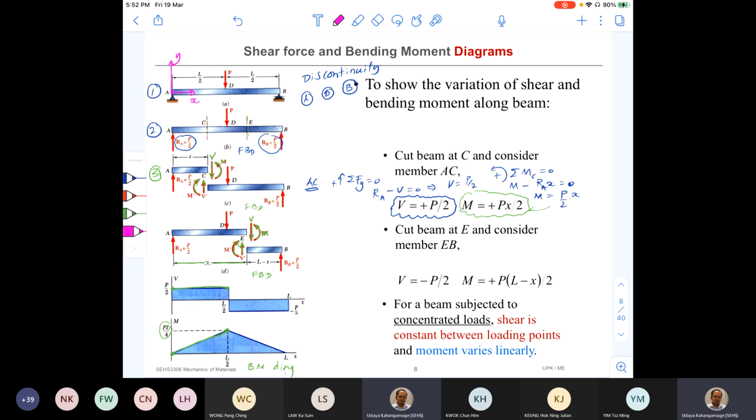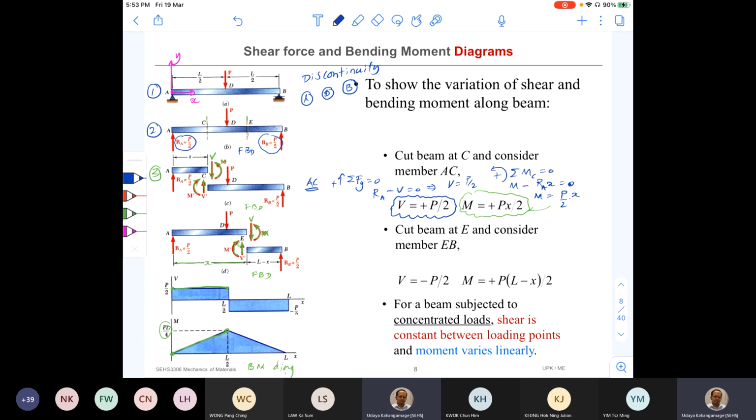So now, again, for cut portion A to E, you can write your equation of equilibrium, but it is easy to write equation of equilibrium from E to B because not many forces, right? Both sides are okay for equilibrium.